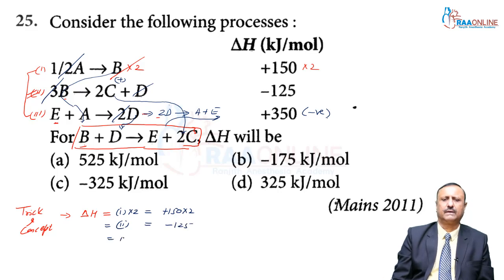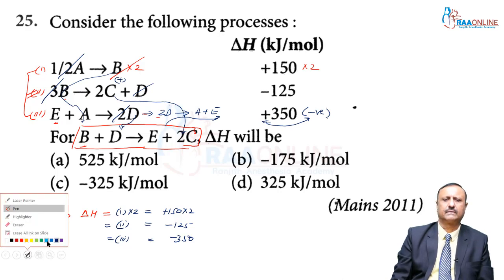And equation 3, here this equation is reversed, and when this is reversed, you get minus 350, because here plus 350 is in this equation. When this equation is reversed, then plus sign is converted to minus sign, and all these values are added.